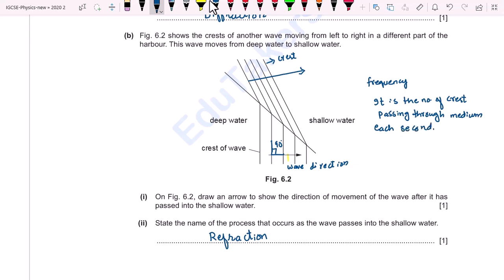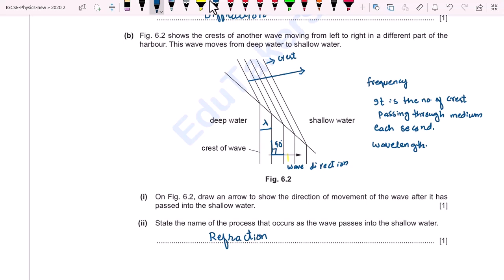Second thing is wavelength. Wavelength is basically the distance between two consecutive crests. You can see from here, this is one crest and this is the second crest, and the distance between them is equal to the wavelength, and it is represented by lambda.